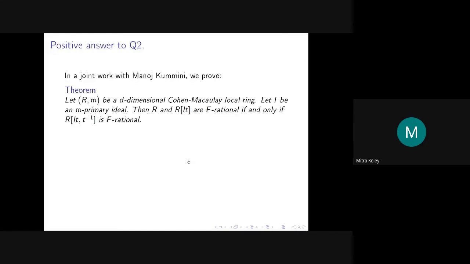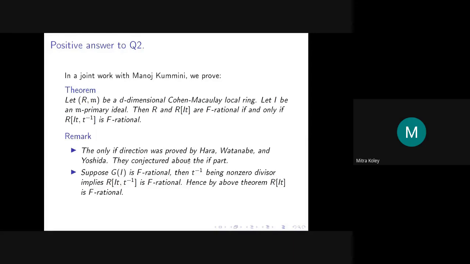So next, I'll talk about question 2, which asks whether the extended Rees algebra being F-rational is equivalent to the Rees algebra and the base being F-rational. In joint work with Manoj Kummini, we prove this positively: let (R, m) be a d-dimensional Cohen-Macaulay local ring, let I be an m-primary ideal. Then R and the Rees algebra are F-rational if and only if the extended Rees algebra is F-rational.